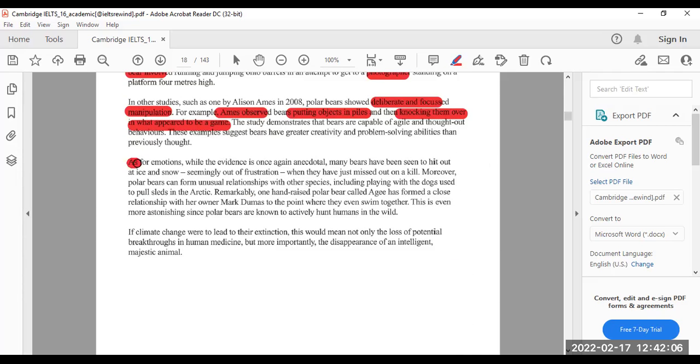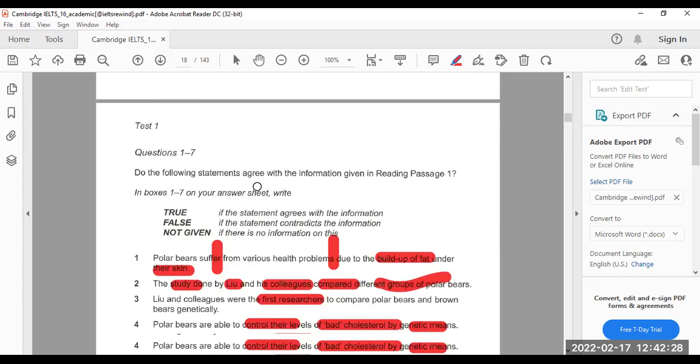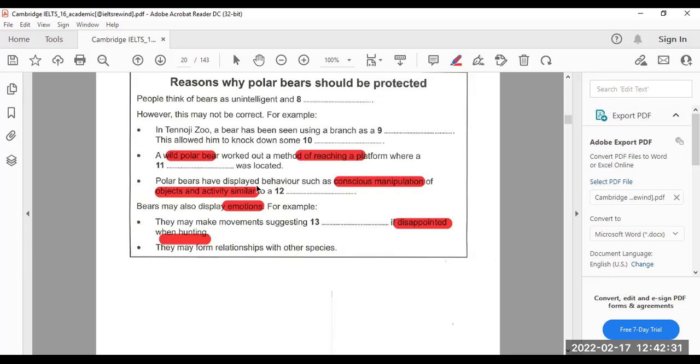As for emotions, seemingly out of frustration when they just missed out on a kill. So what do you mean by this? When they miss out on a kill is nothing but disappointment. So when they get disappointed, what happens? Frustration. Frustration is the answer. So they may make movements suggesting frustration if disappointed when hunting.